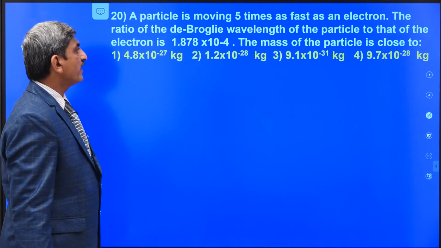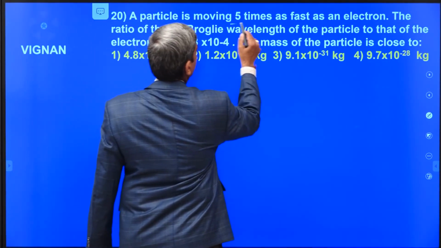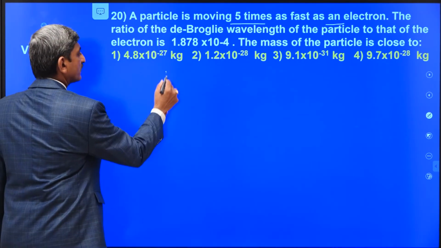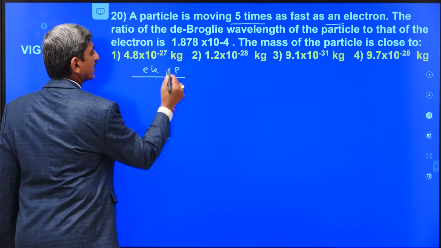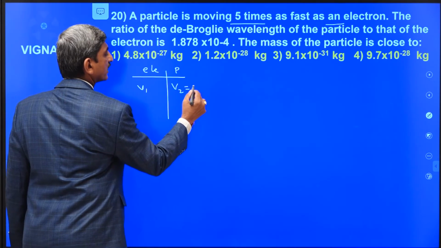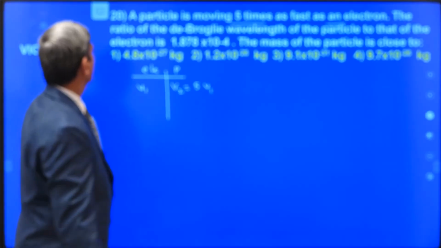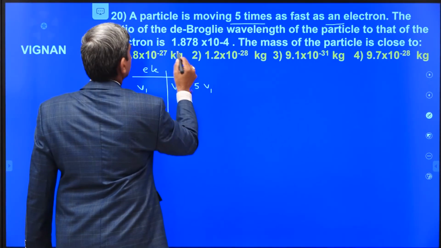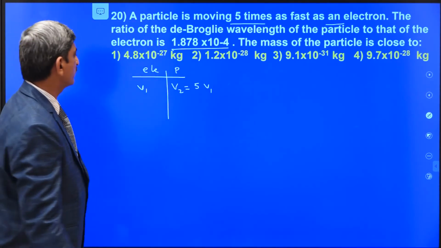Now come to the next one. A particle is moving 5 times as fast as an electron. That means if this is the electron and this is the particle, and v1 is the velocity of the electron, the velocity of the particle is equal to 5 times the velocity of the electron. The ratio of the de Broglie wavelengths of the particle to that of the electron is 1.878 into 10 to the power of minus 4.